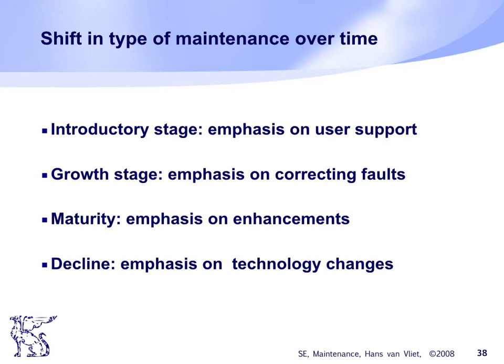So emphasis on those enhancements is in the maturity stage. And the next one is decline. Here it actually defines technology replacements, such as going to another platform or changing the user interface. So these maintenance tasks are actually related with technology changes.